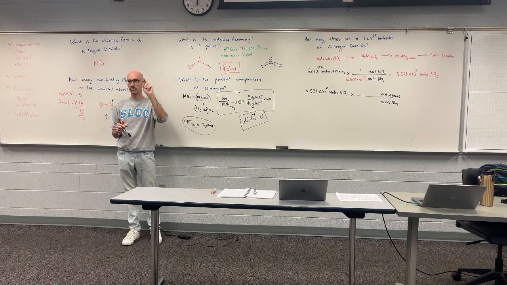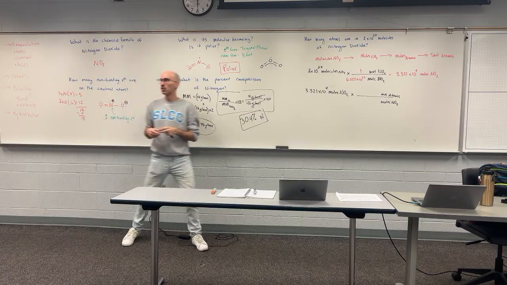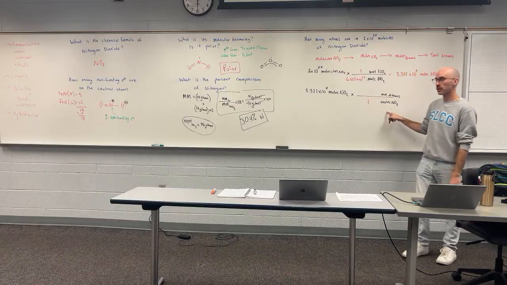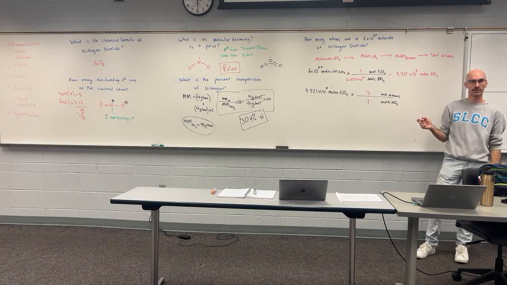One nitrogen, 2 oxygens, 3 atoms. That's why it's unspecific. It's not atoms of N, it's not atoms of O. We're just looking at total atoms. In 1 mole of NO2, I have 3 moles of individual atoms.